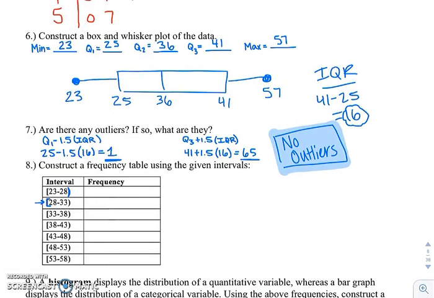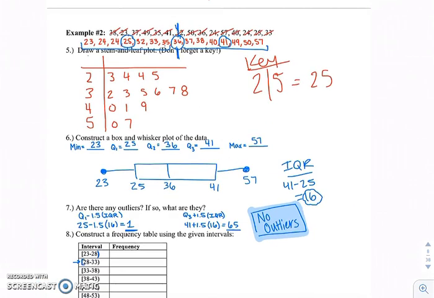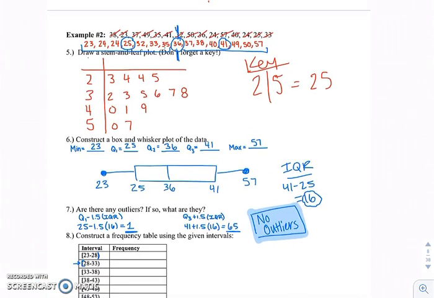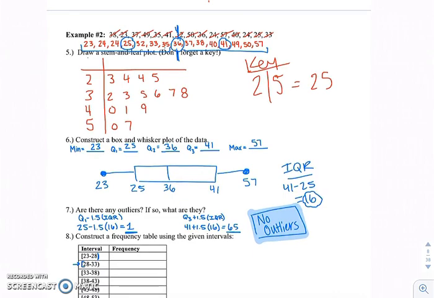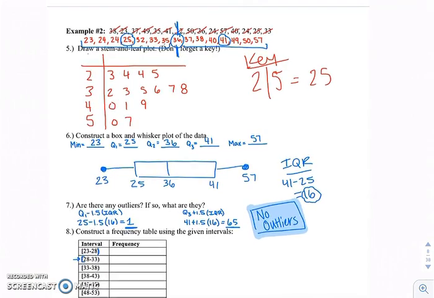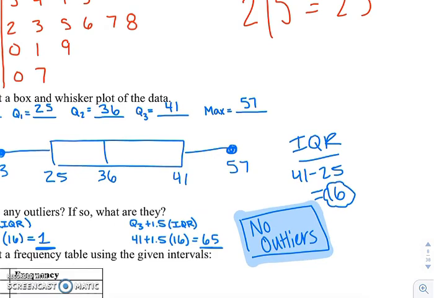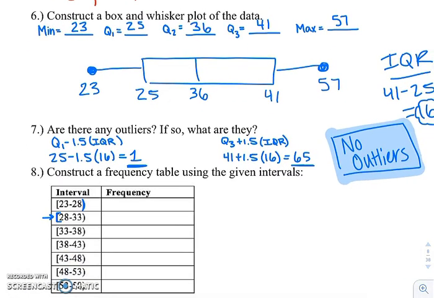So really we're looking, since we have no decimals, how many numbers do we have from 23 to 27? So there are 4 numbers in our data set, not like on a number line, in our data set from 23 to 28. And actually to 27, I'm sorry.